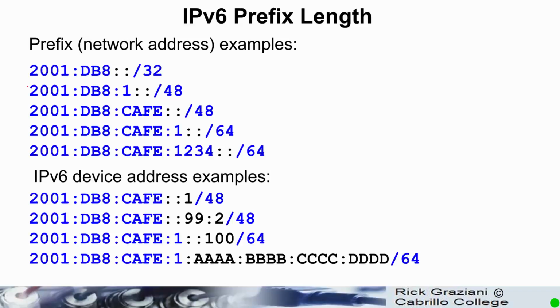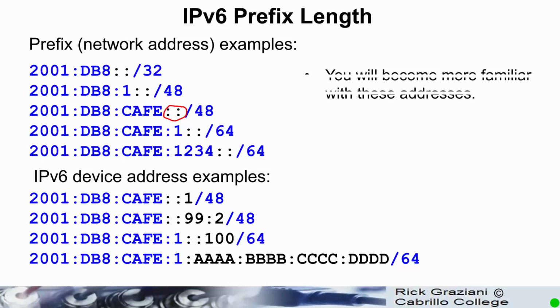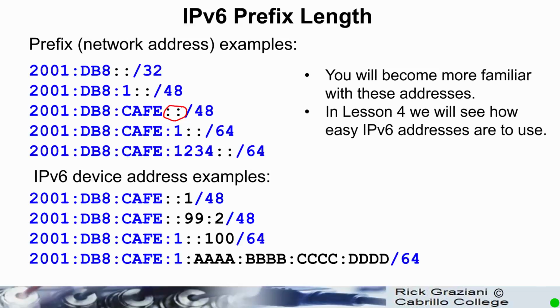Notice up here we have double colons and no number at the end. That's because the numbers at the end would be our host bits. We're going to get more familiar with these types of addresses, because they are global addresses. We're going to learn more about that in the next lesson.